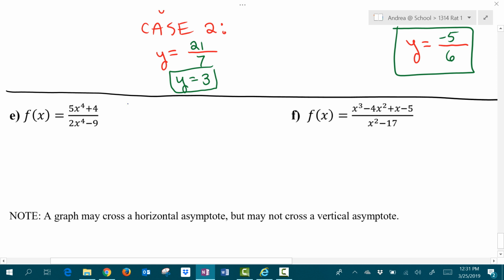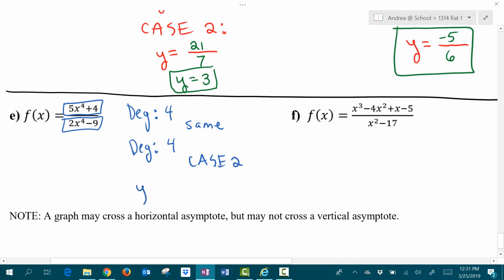In part E, we want to figure out what is the horizontal asymptote. So we will determine the degree of the numerator, which is 4. The degree of the denominator is also 4. Since they are the same, we are in case 2, we will form a fraction of the leading coefficients.